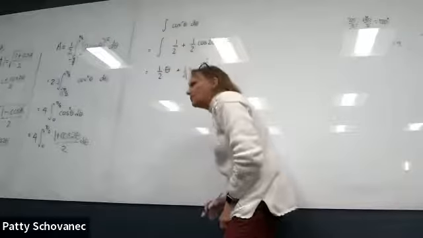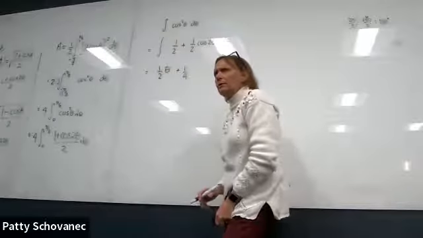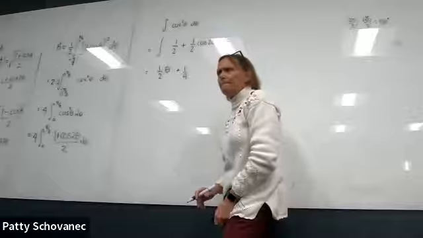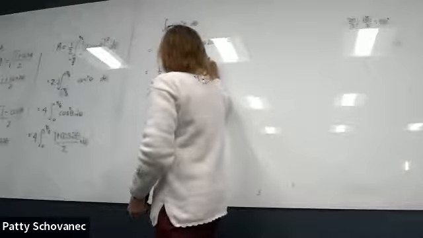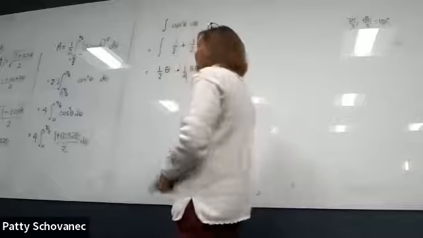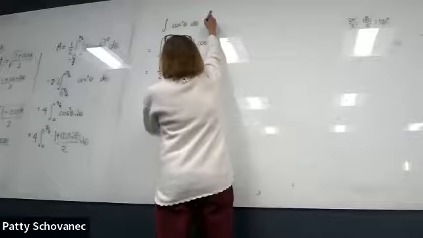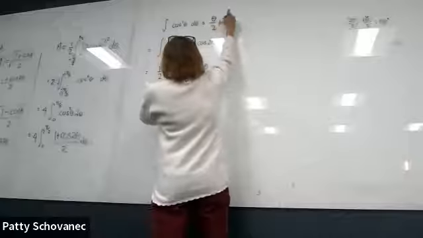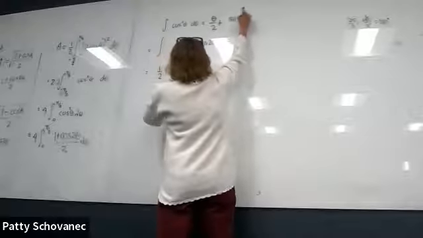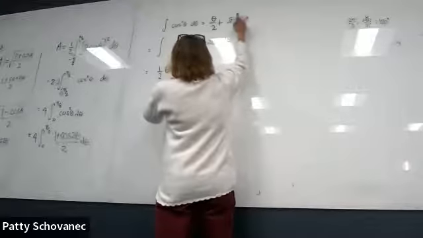Now what's the integral of cosine of 2 theta? Sine of 2 theta. Since we already have that, here's my formula. I'm going to write it like this: it's theta over 2 plus the sine of 2 theta over 4.